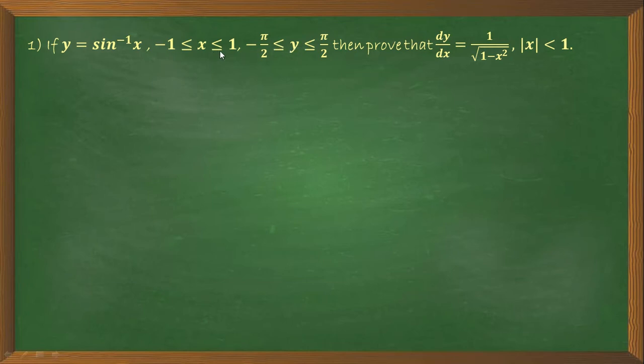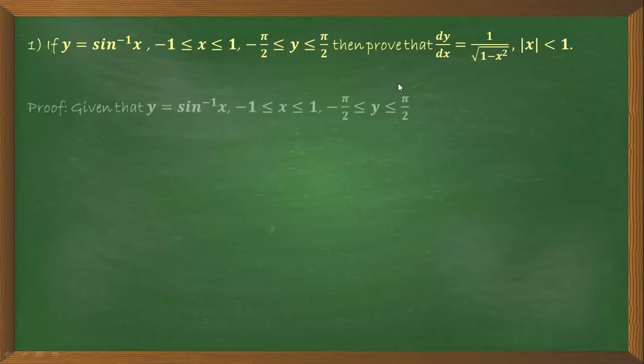So these are the proper conditions for the existence of sine inverse x. Then prove that the derivative dy by dx is equal to 1 upon root of 1 minus x square, where modulus of x is less than 1. That we have to prove.